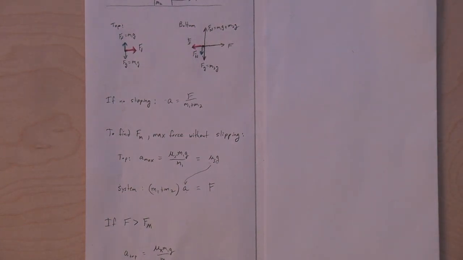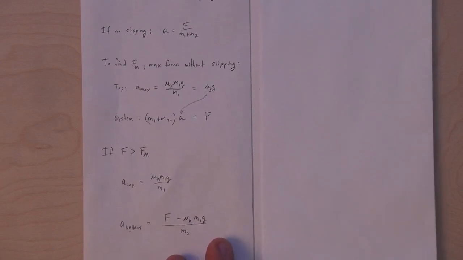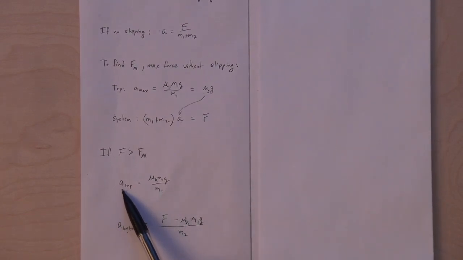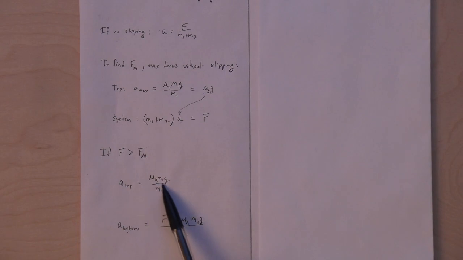How do I find the acceleration? Well, once again, I repeat and find the acceleration of the top block, which is friction over the mass, but this time it's kinetic friction because the blocks are slipping with respect to each other. So I have to use the kinetic friction value to find the slipping frictional force over the mass, which gives me the acceleration of the top block. The bottom block has a different acceleration, its own acceleration.